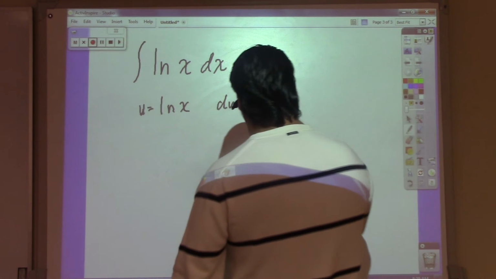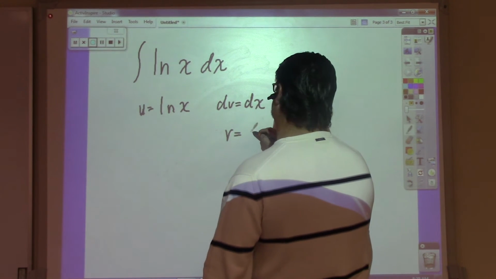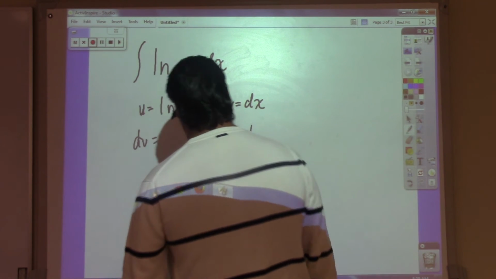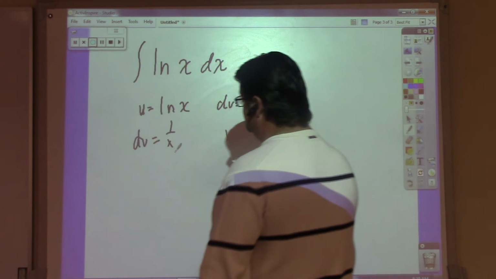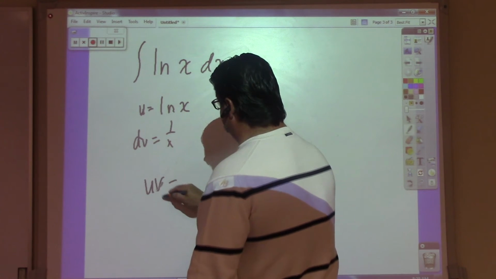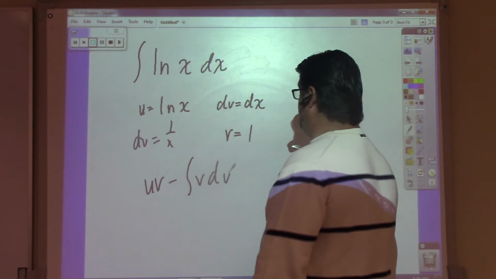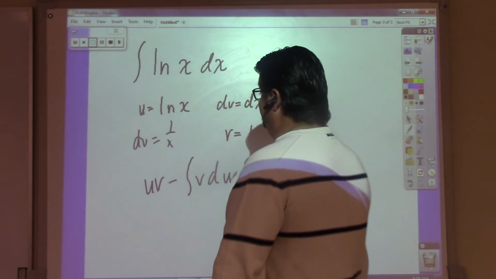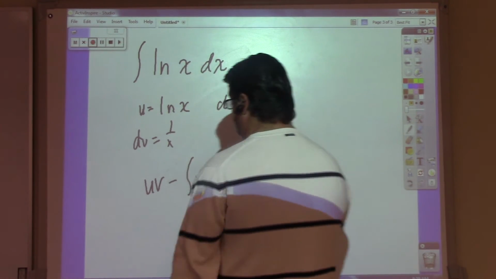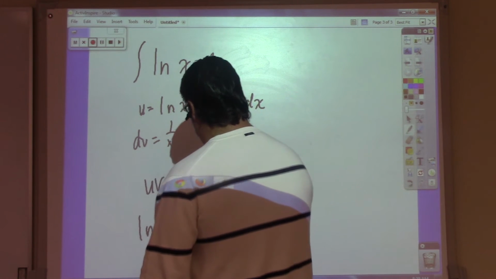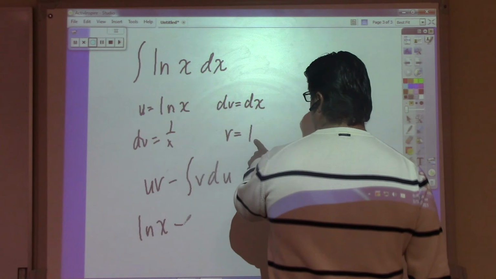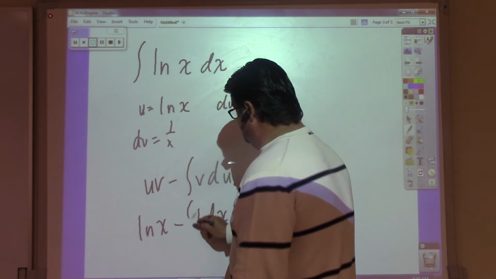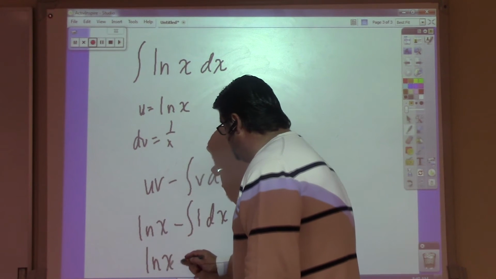All right, v is equal to what? 1. And du is equal to 1 over x. So u v minus the antiderivative of v du. Natural log of x times 1, so that's natural log of x, minus the antiderivative of 1 dx, natural log of x minus x.